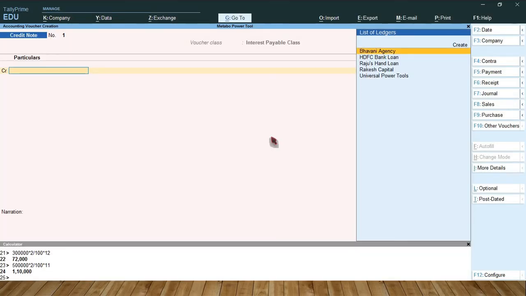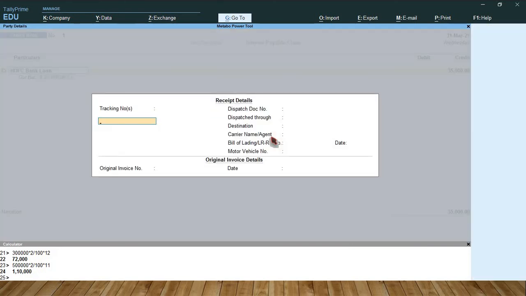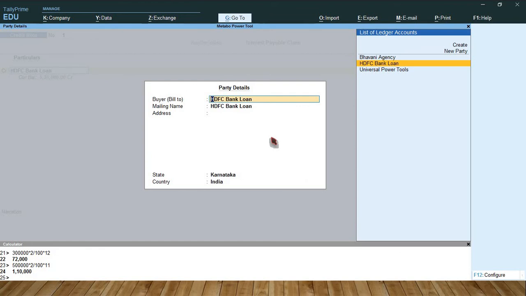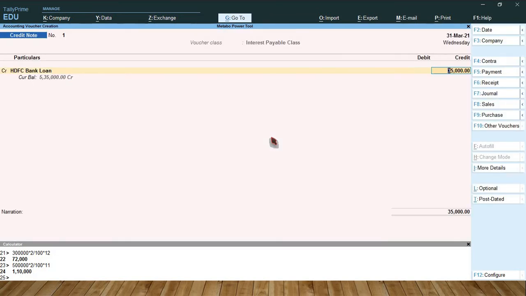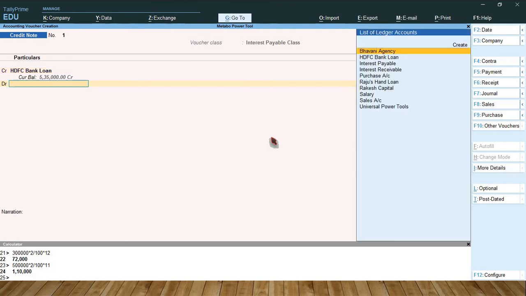Interest payable except Bhavani. Select rest of the ledger. First select HDFC Bank loan. So HDFC Bank loan amount is 35,000. So select interest payable ledger.